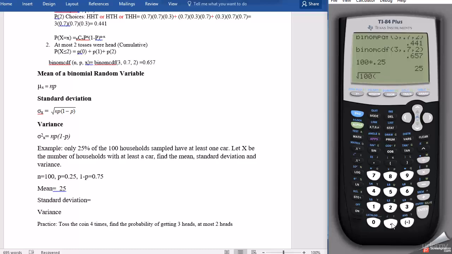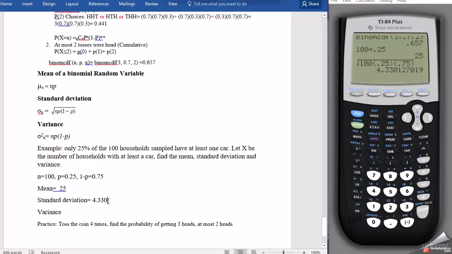P is 0.25, and then times 1 minus p, which is 0.75. I close the parentheses and then I enter. So my standard deviation is 4.330.